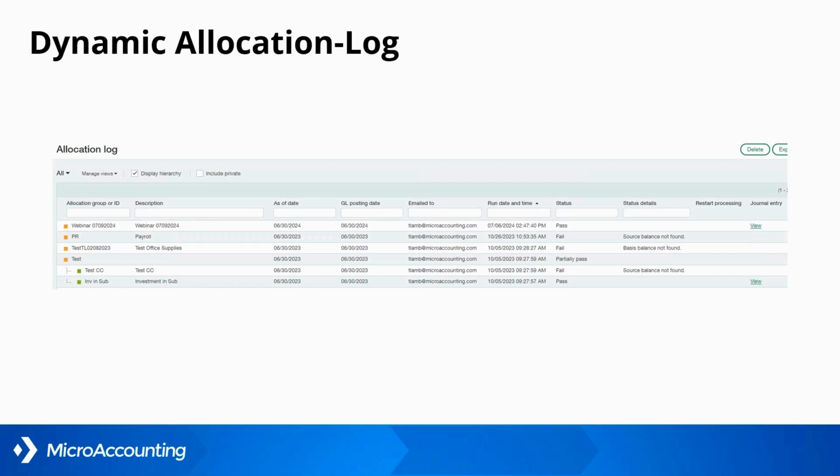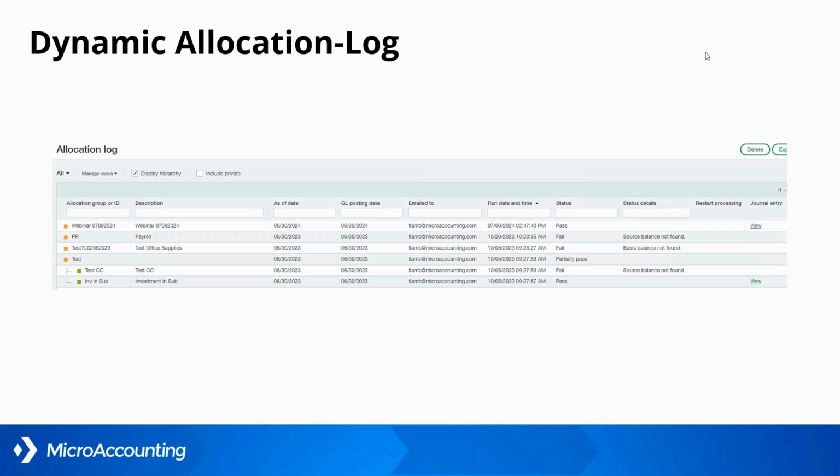So you can see all of that status there. And then you'll see also a link out to the right if it's created the journal entry. You can see a view link there where you can select that, and that will take you to the journal entry that it actually created. So right there on that log, you can see everything that it's run.